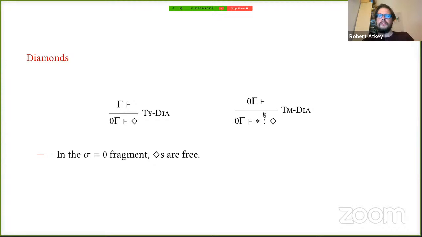So this is quite important. In the 0 fragment, as I said, this is where costs don't matter, everything is free. We can just say diamonds exist, and we give this star as the constructor for these diamonds. So in the 0 fragment, diamonds are free. In the 1 fragment, we can't construct diamonds. The only diamonds we can get come from the input.